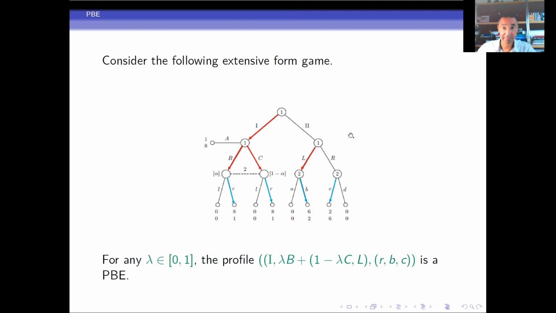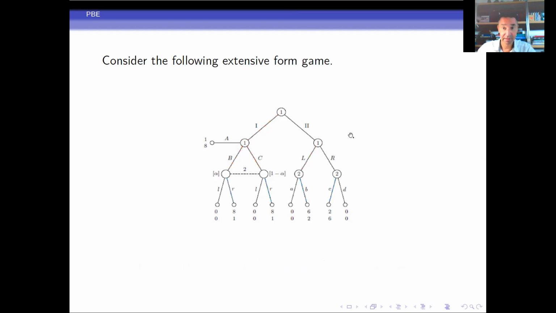Let me go back one step. Well, maybe a good thing to remark is that subgame perfection is implied by perfect Bayesian equilibrium.